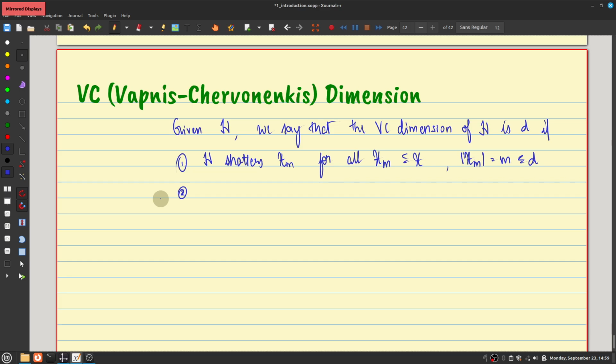So all subsets of size less than or equal to D are shattered by H, and there's at least one subset of size larger than D which is not shattered by H. So it's the maximal size of a set that is shattered by H.